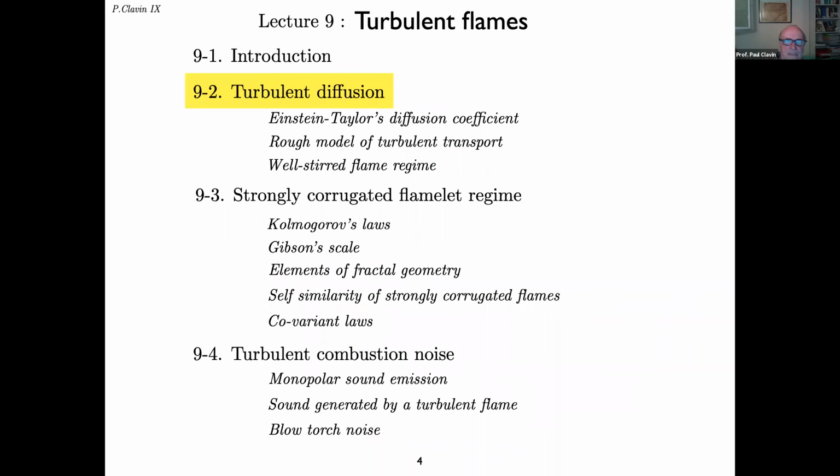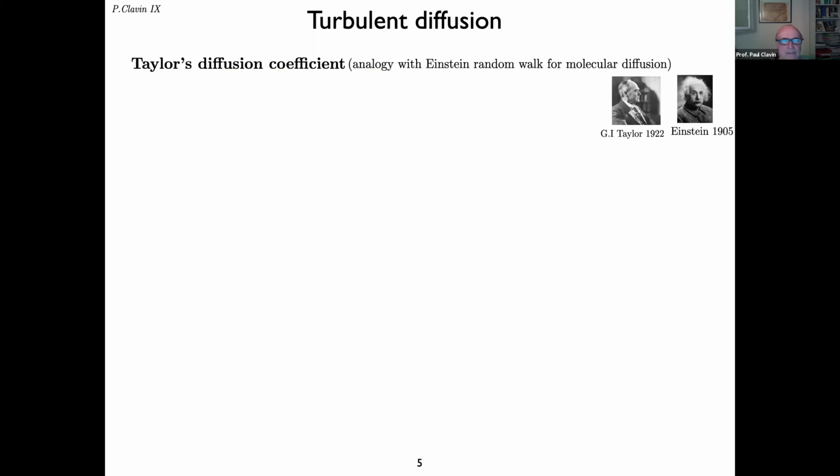So there are very few things that one knows about turbulence. Let's go to what is called the turbulent diffusion, and it's interesting just to know the result by Taylor and Einstein.